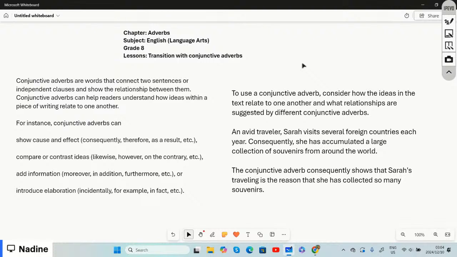All right. So when it comes to adverbs, remember we said that our lesson is transition with conjunctive adverbs. And if we look at the word conjunctive, then it makes us think of joining, or putting words together.